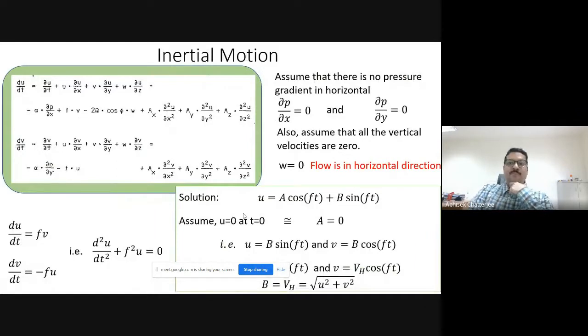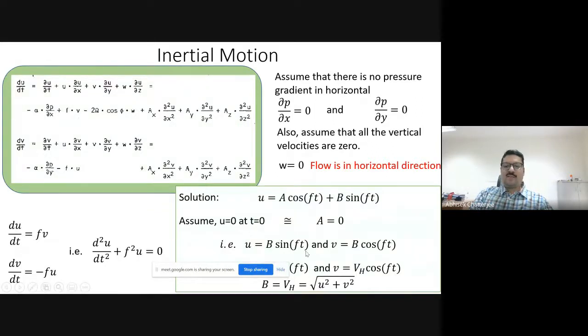Then we looked at the inertial motion. Inertial motion is what? If there is a forcing, then the water column will have a motion. But as soon as forcing ends, it will not stop there. It will also move due to its inertia. So this is called inertial motion. We saw a solution of inertial motion in which we assume there is no other external force like pressure gradient, to simplify the equations, and we found second order differential equations.